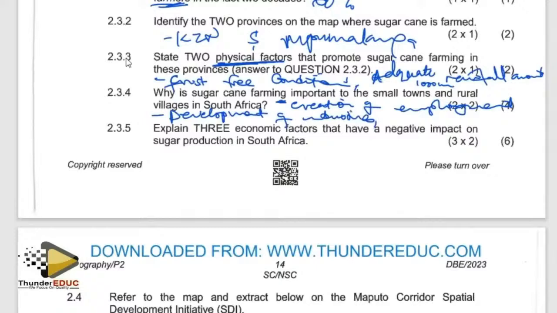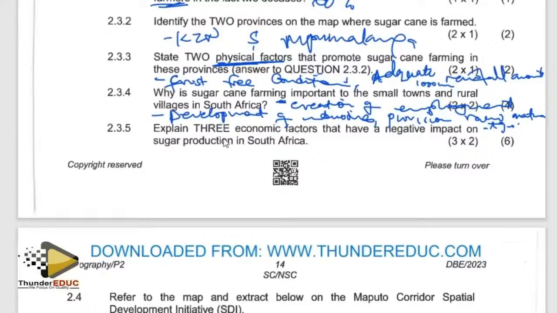Then we can also talk about provision of raw materials to industries. The sugarcane farming provides raw materials to the industries, that is, in the agro-based industries. I'm just writing many, but you need a few.